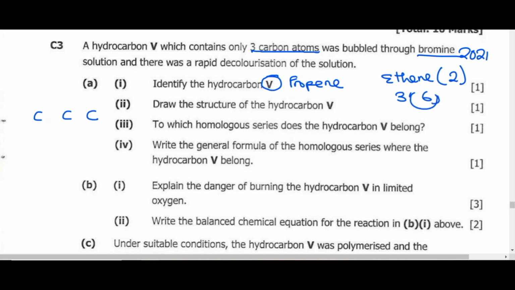So here we're going to have 1, 2, 3, and then what else? Let us put another one here, 3, 4, and then also 4, 5. Where else can we put 5? And then the other one, where can we put it? We can put it here. So we have 6.